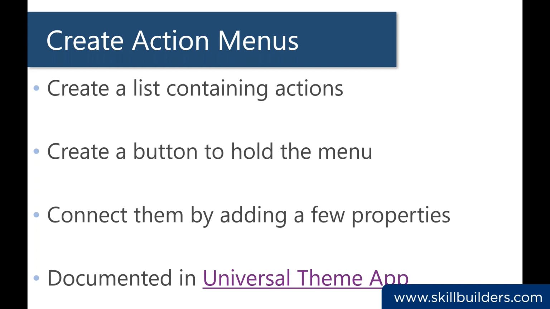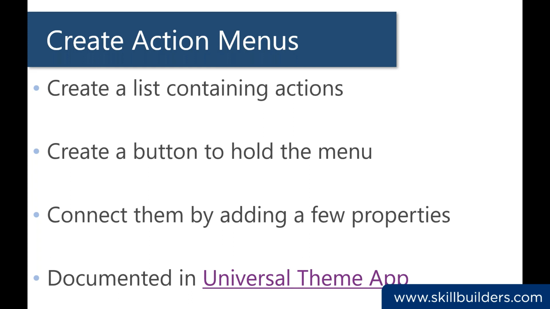There are some properties that we're going to pick when we do that. We're then going to create a regular declarative button, which is the control that initiates and holds this menu onto my screen. And then there are some properties that we configure to connect the button and the list together to make sure that things get invoked correctly.